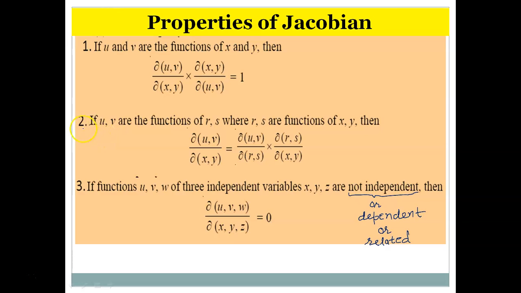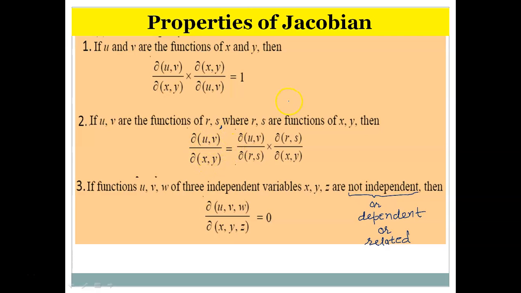Then second, if u and v are the functions of r and s, where these r and s are further the functions of x and y, then you can find the Jacobian of the transformation from the variables u, v to the variables x, y, and it can be obtained like this.